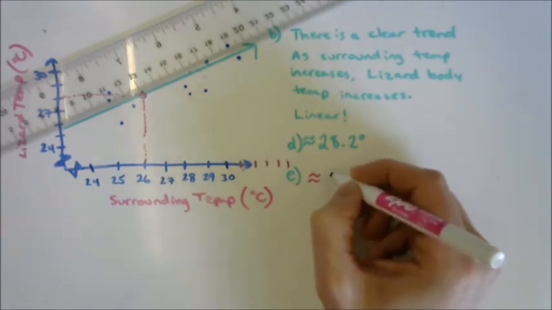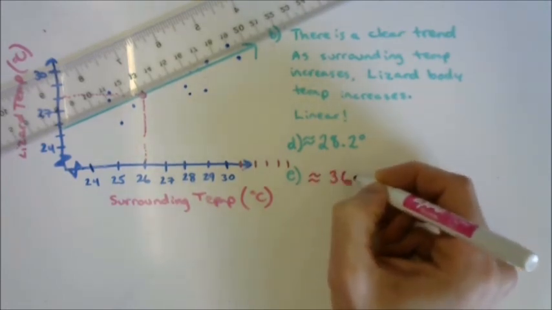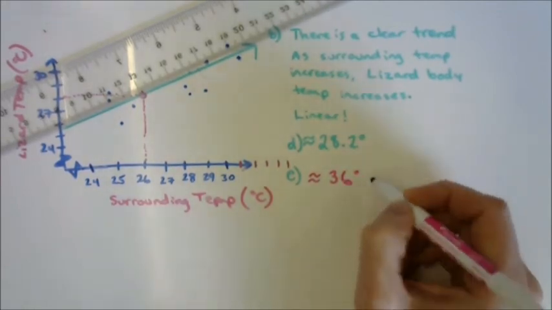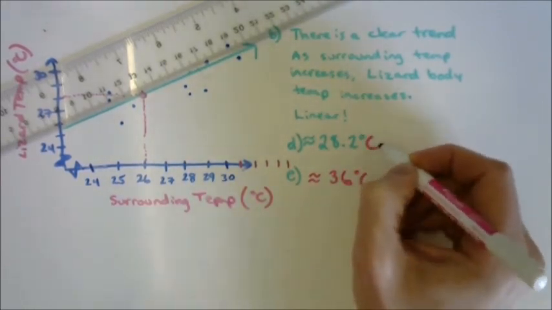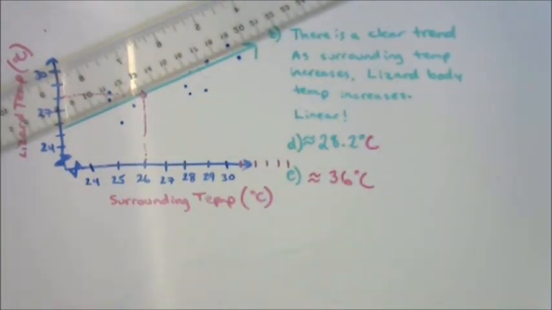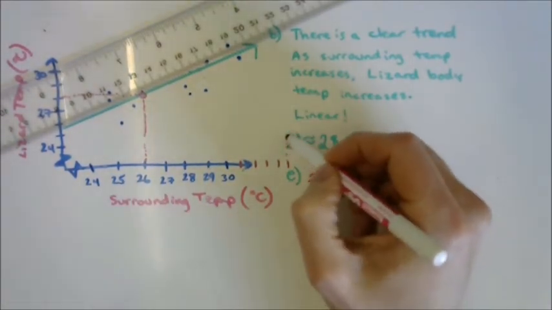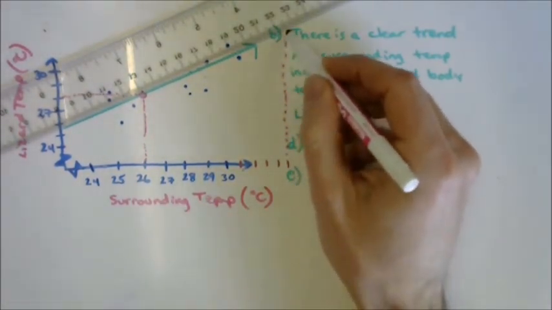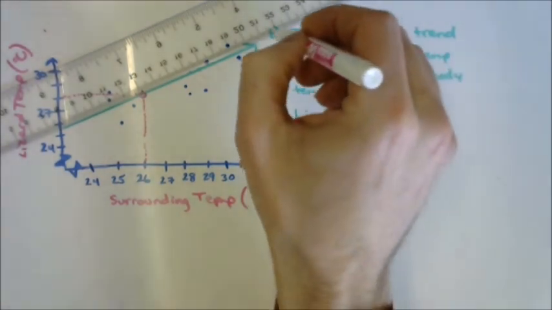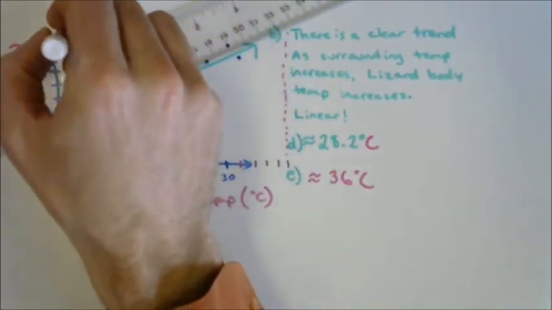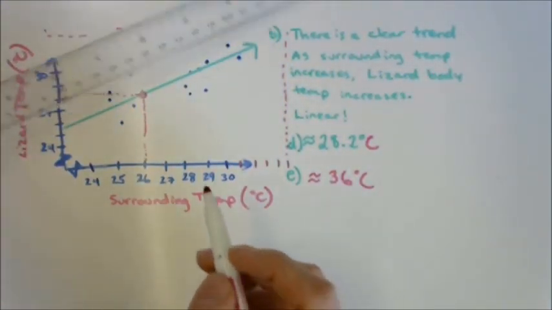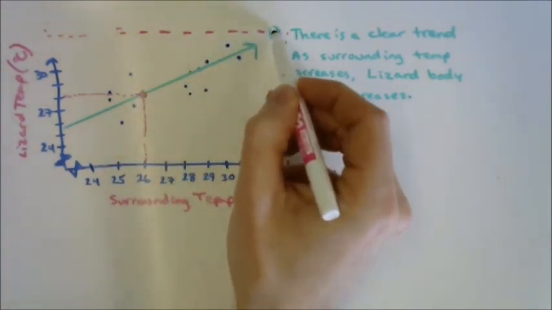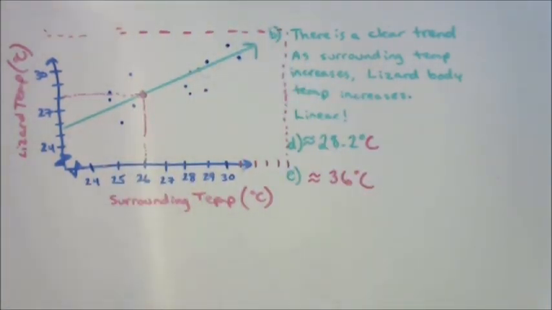Anywhere in the 35 to 37 range is good enough, but we would draw a dotted line all the way up, straight up, and then we'd look straight across, and that would be our estimation. Okay, that's extrapolation because we're estimating a value that is outside the measurements given.